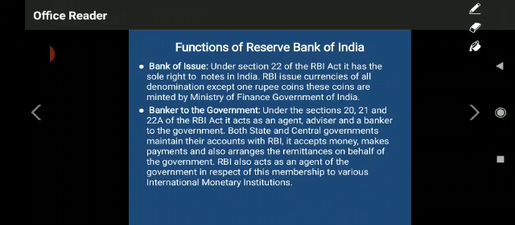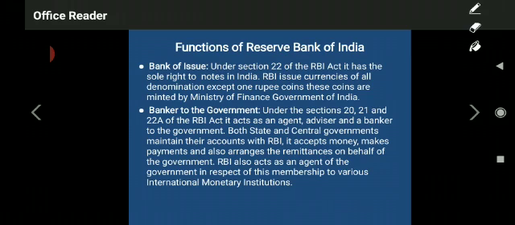Especially RBI acts as a bank of issue. It means Reserve Bank of India is printing new currencies, issuing new currencies whenever required, on certain conditions.